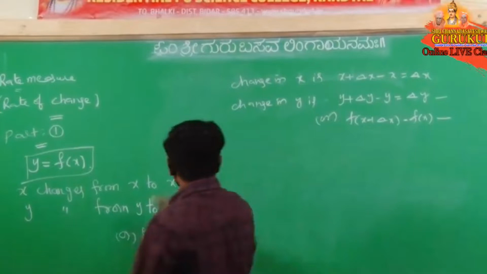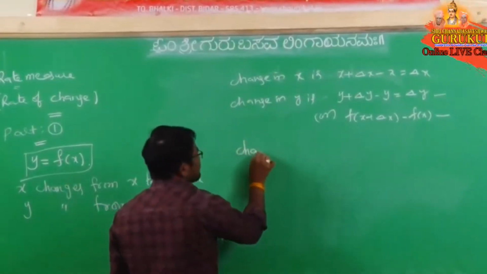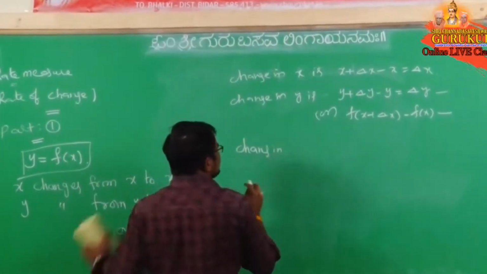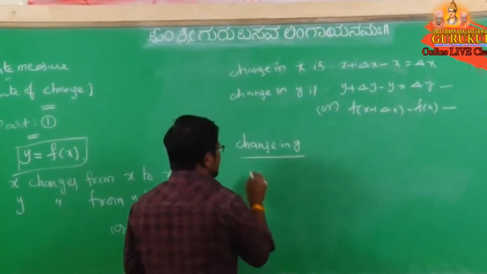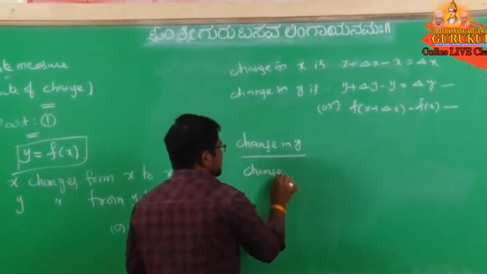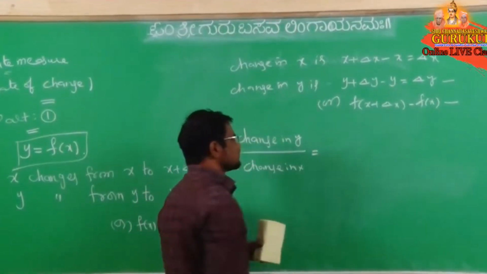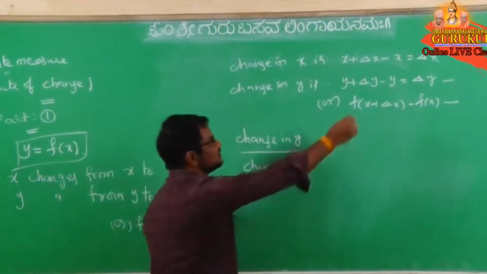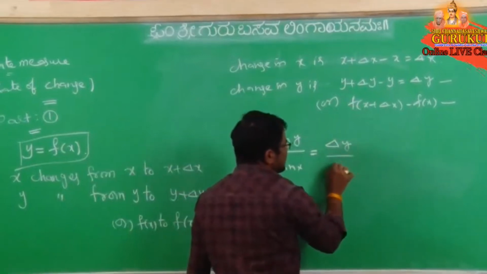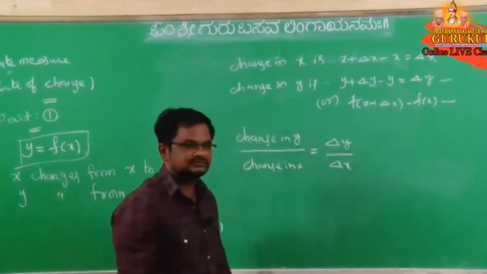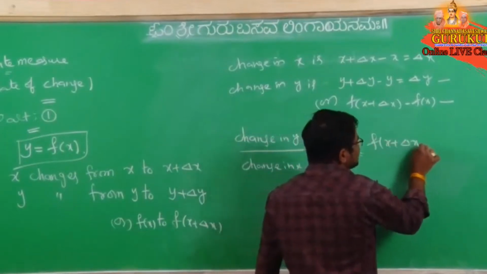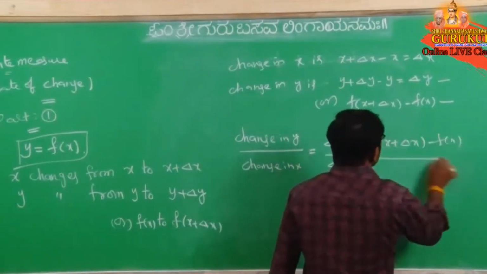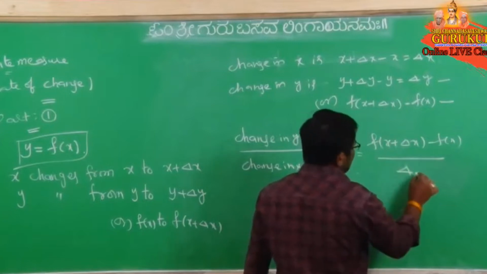Now if you write change in y divided by change in x, it is equal to delta y by delta x. That can also be written as f of x plus delta x minus f of x divided by delta x.